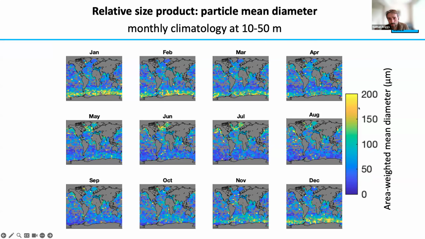So this is, again, the near surface climatology of mean particle size throughout the year. Again, the product is a bit noisy because it's relying on these rare encounters with spikes, but the seasonal patterns and the basin-wide patterns are pretty clear.